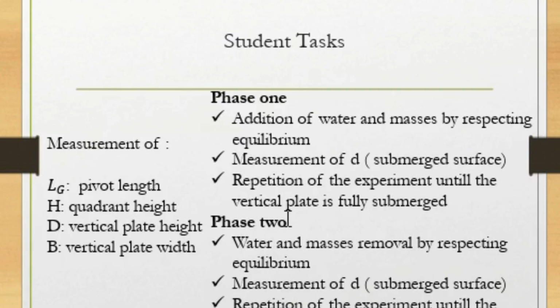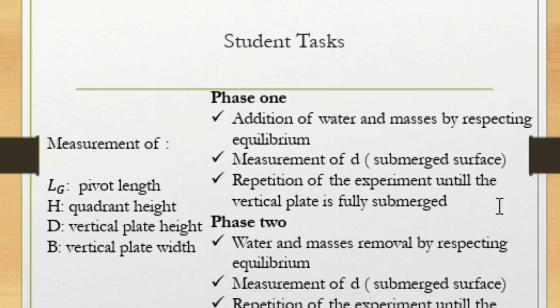When it comes to the work itself, the work, as I mentioned, is divided into two parts or two phases. In phase 1, the students will be adding water and masses by respecting equilibrium. After equilibrium is respected, they will be measuring D, which is the submerged surface height, and then repeating the experiment until the vertical plate is fully submerged.